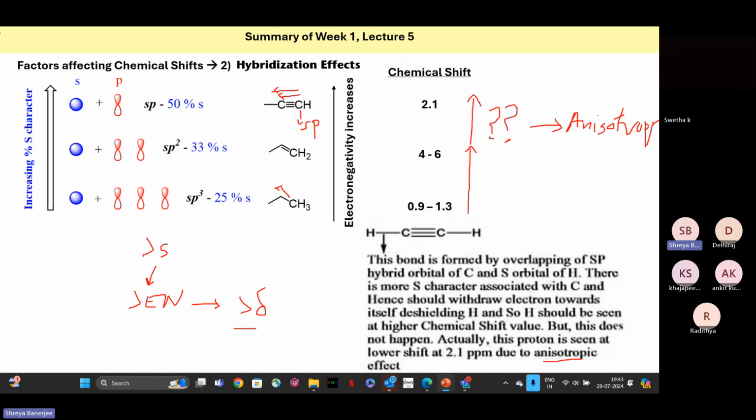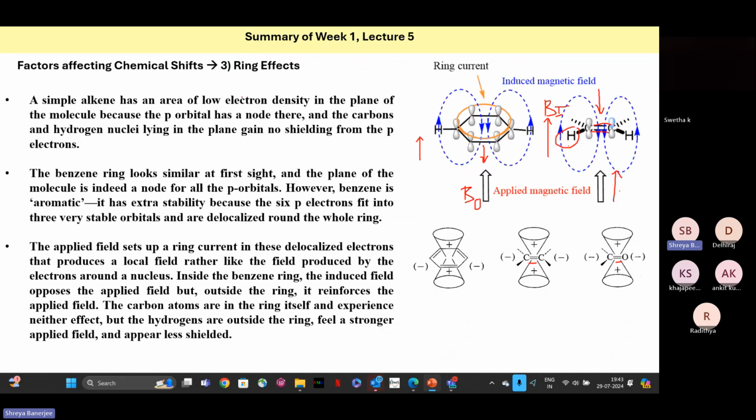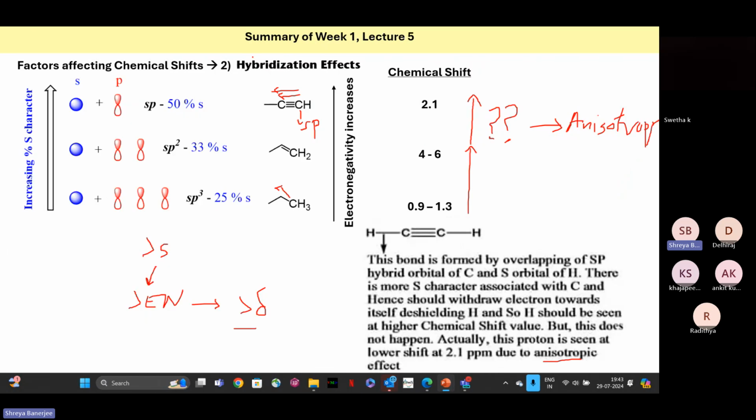Anisotropy is basically this entire effect where due to movement of pi electrons, there's an induced magnetic field. So in alkynes, the magnetic field is B0 minus Bi. And because of that, it experiences a lower chemical shift. And in case of alkenes, it is B0 plus Bi.